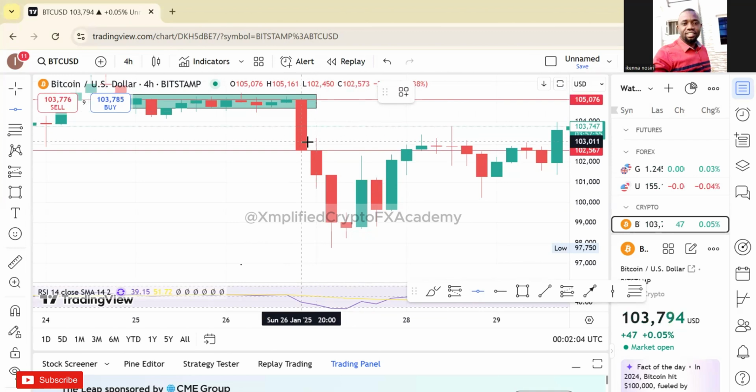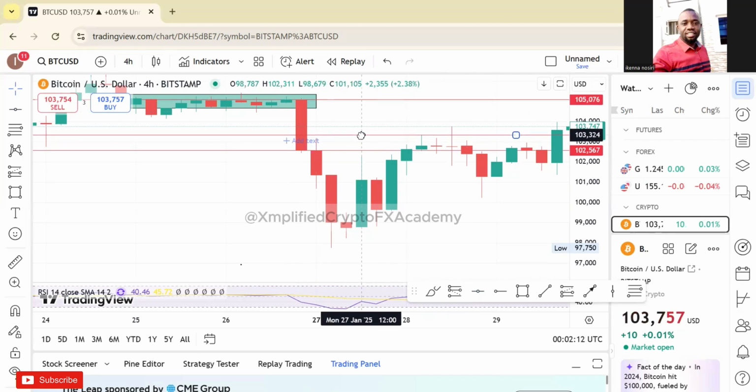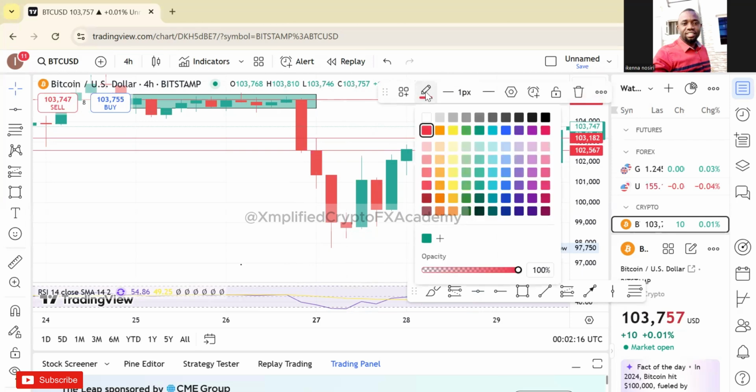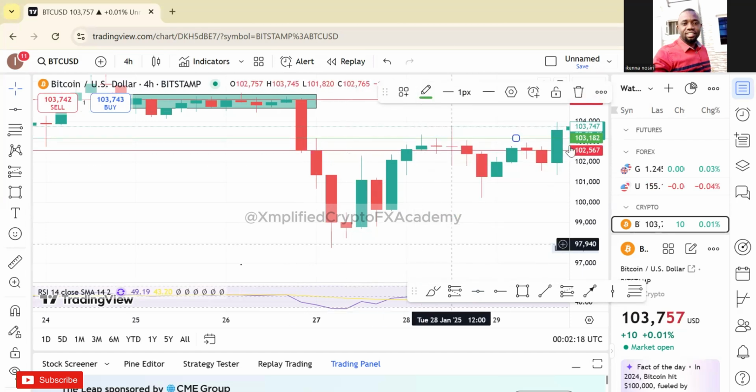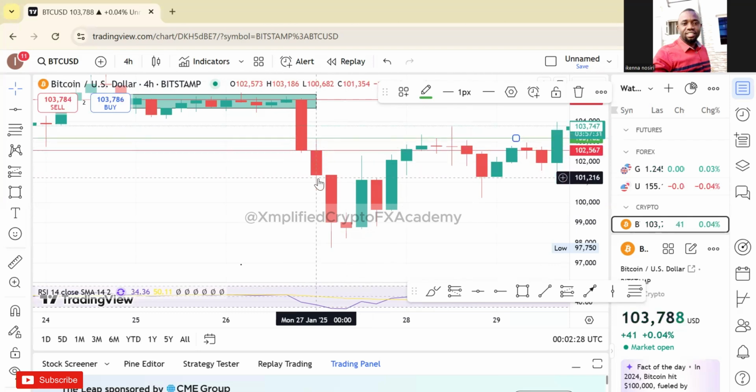Let's mark it there. Let me drag it up. Let's use a green candle on that. Okay, 103. But yet, sellers resisted and dragged it downwards to this point.